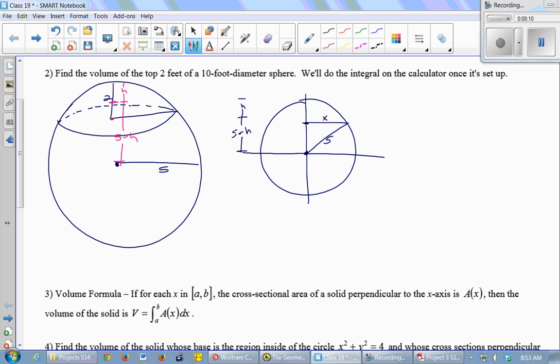Now I can use the Pythagorean theorem to get what x is. Because my cross sections are perpendicular to the y-axis, when I take the area of my cross section, here's my cross section. I should call this a horizontal cross section.